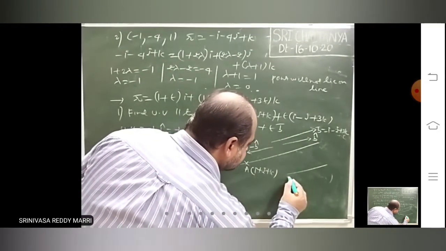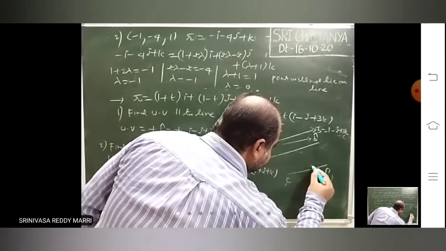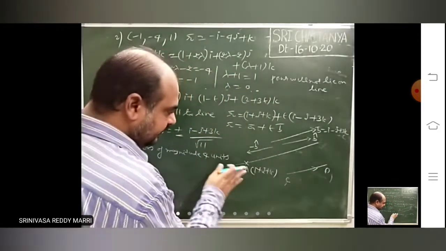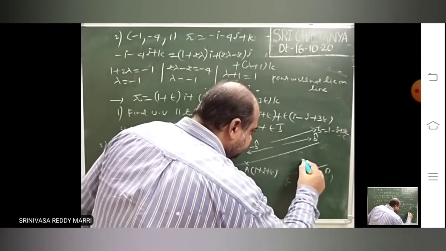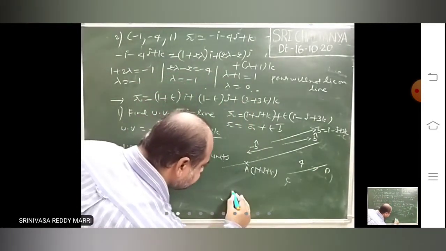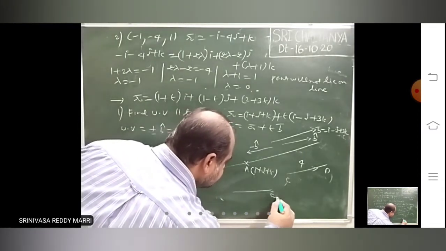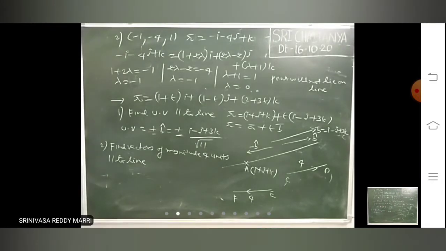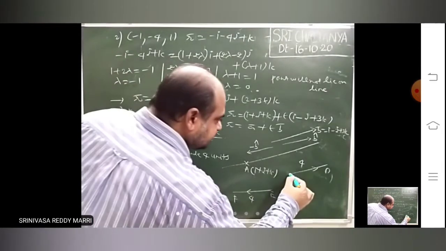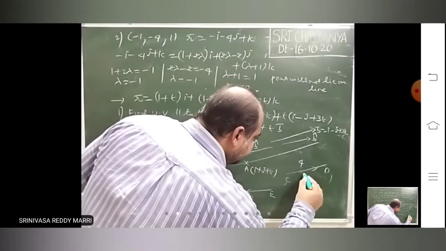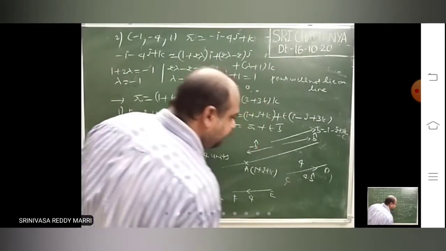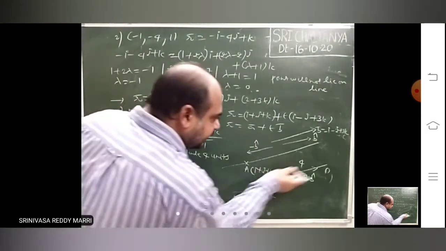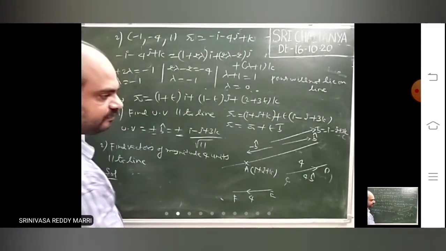One vector will be in this direction, 4 units, and in this direction one vector, 4 units, will be there like this. So in this direction the unit vector is b cap.